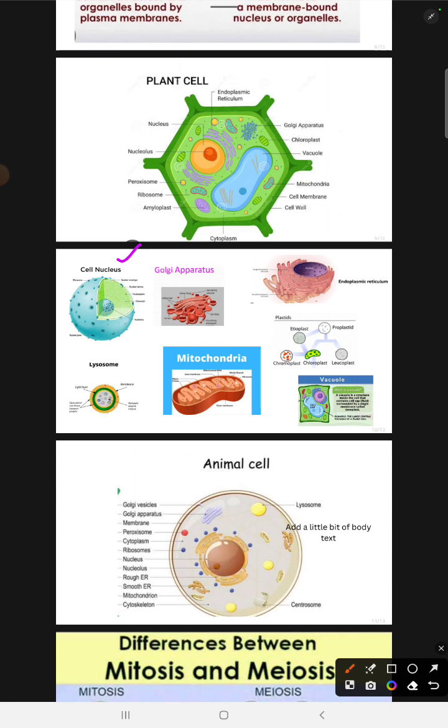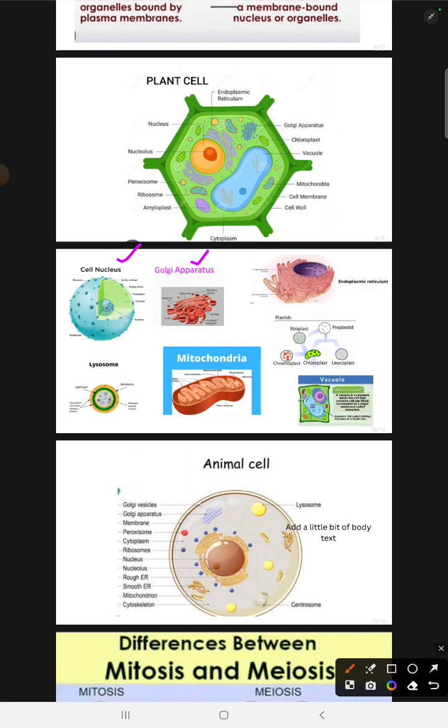of DNA. Then another important organelle is the Golgi apparatus, which was discovered by the scientist Camillo Golgi. The main function of this Golgi apparatus is firstly to produce or form lysosomes.